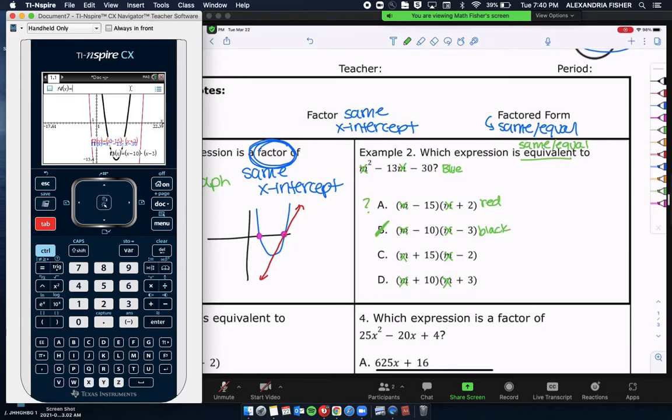So let's try C, x plus 15, x minus 2, and that purple one didn't come on top, so that's not correct either. So then we have also x plus 10 and x plus 3. Enter. And that green one didn't come close either. All right, so that's the first way. The first method is graph.